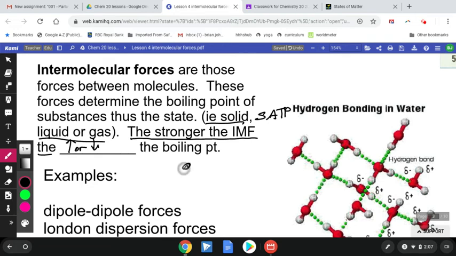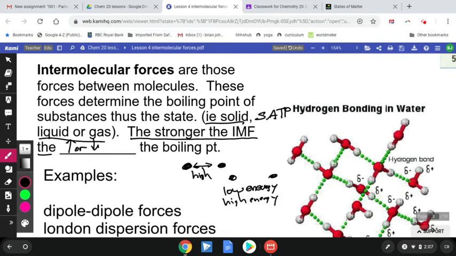So if you have 2 molecules and the intermolecular force, or the attractive force between them, is really high, will they jump into a gas and separate with low energy or high energy?